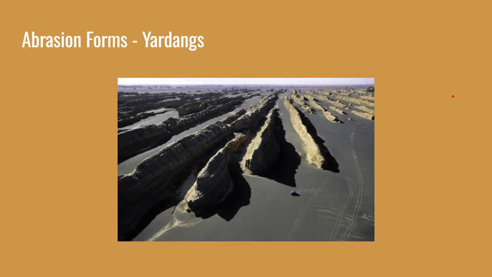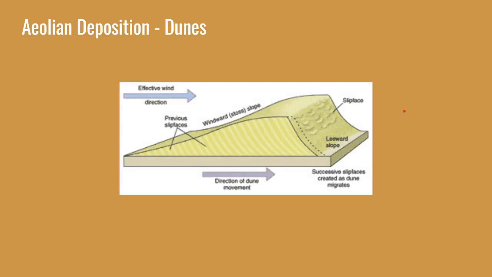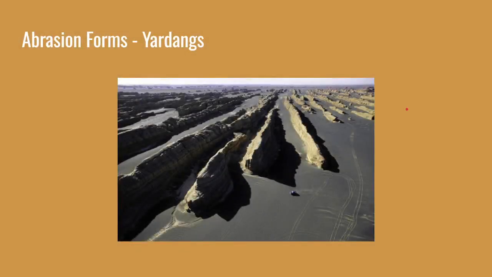Another example is yardangs, which are these linear features, perhaps controlled by bedrock structures, where sandblasting has taken place and helped shape them. And actually, some people think that the Sphinx in Egypt was carved from one of these yardangs.